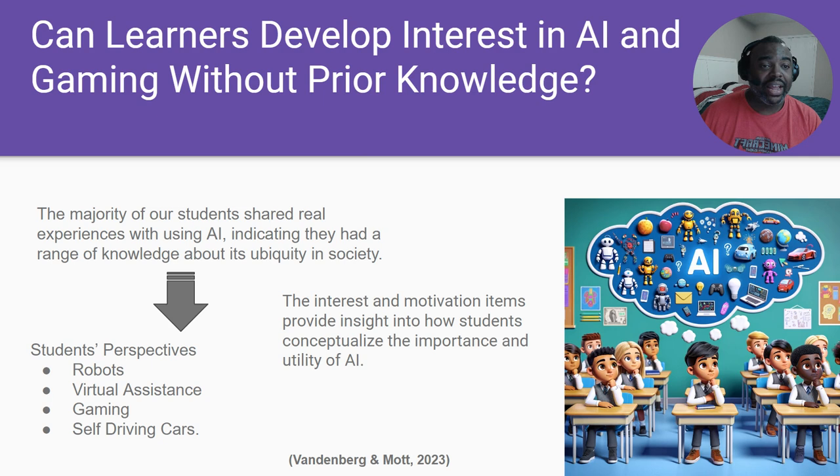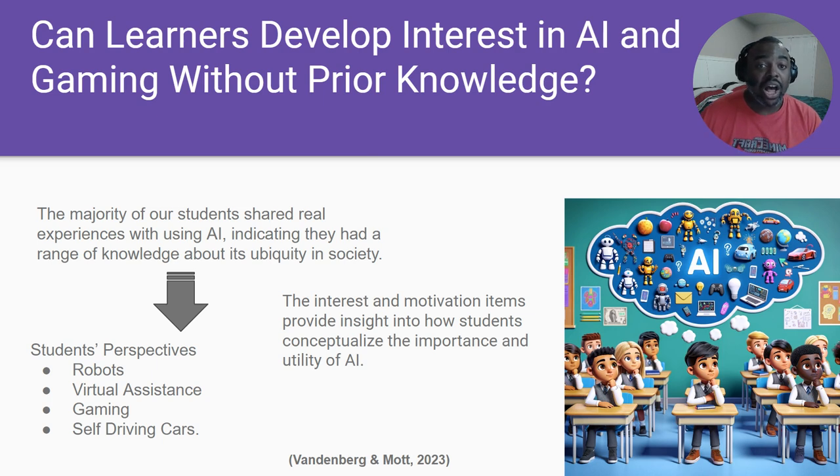When it comes to learning and interest in AI in education, the study is still new. Students who use AI, according to Vandenberg and Mott, share a range of experiences with using AI, indicating they had a vast range of knowledge about its ubiquity in society. According to their study, some students are familiar with AI when it comes to robots, virtual assistants, self driving cars, and of course, gaming. Note, this is more of a social and commercial setting, and the authors do say that those who work in AI education need to probe more of student understanding to build and refine curriculum in schools.